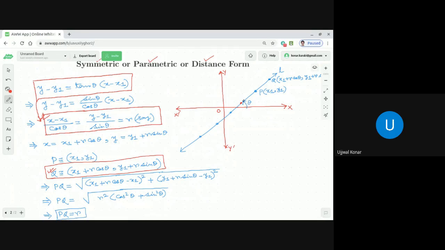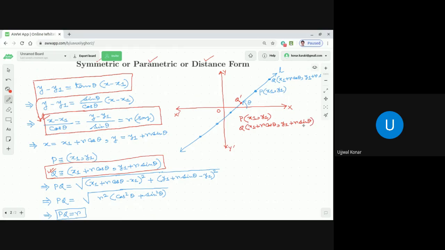Suppose this is the point Q dash. Possible? So the point P having coordinate x1 comma y1, point Q which is at a distance r from the point P has coordinate x1 plus r cos theta and y1 plus r sin theta.